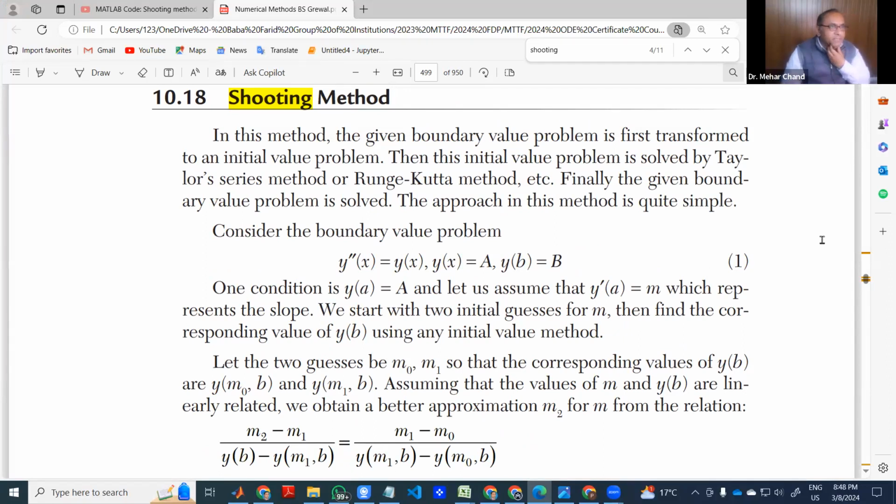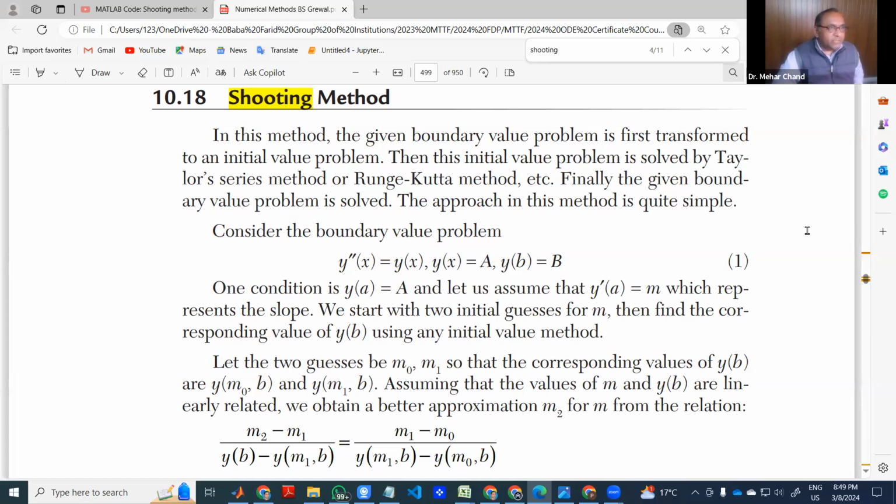So basically, this is the method we use for boundary value problems. Before implementing this method, we need to convert the given boundary value problem into an initial value problem.